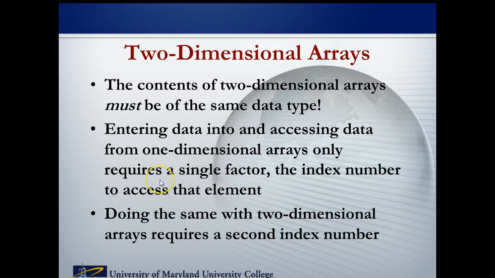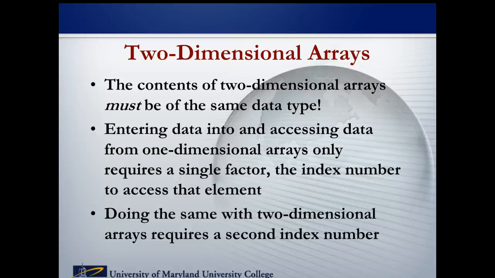All right, so let's take a look at two-dimensional arrays. Again, if the array is declared as a certain data type, every element in that array has to be the same data type. So when we were entering data into a one-dimensional array, it was pretty easy.